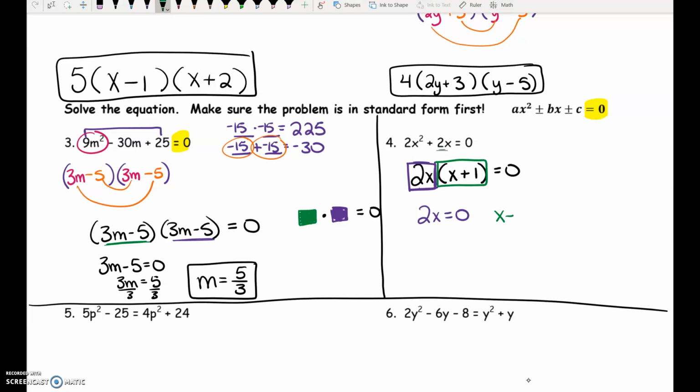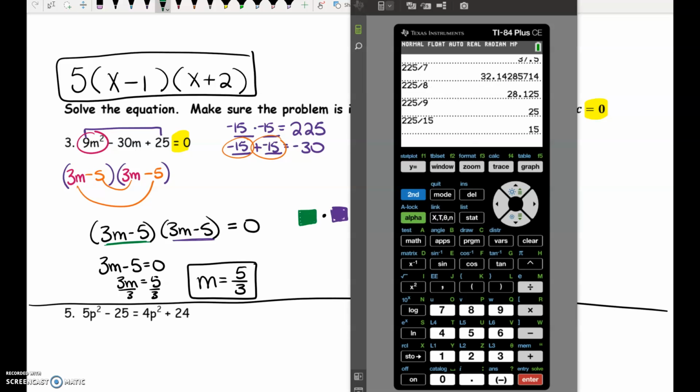If the green card equals 0, x plus 1 has to equal 0. 2x equals 0. How do you get rid of the 2 in front of the x? Divide by 2, and 0 divided by 2 is 0. The other one, you'd subtract 1 on both sides and get x equals -1.